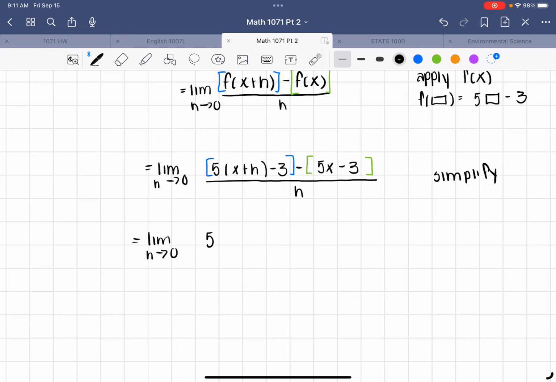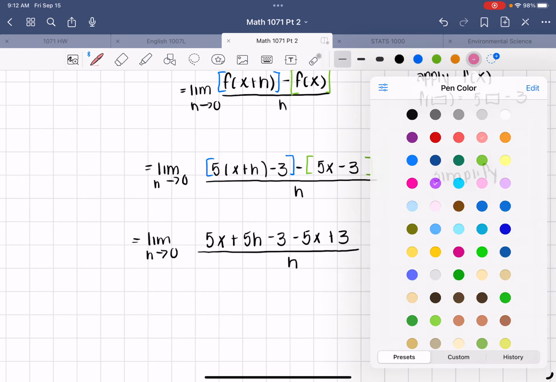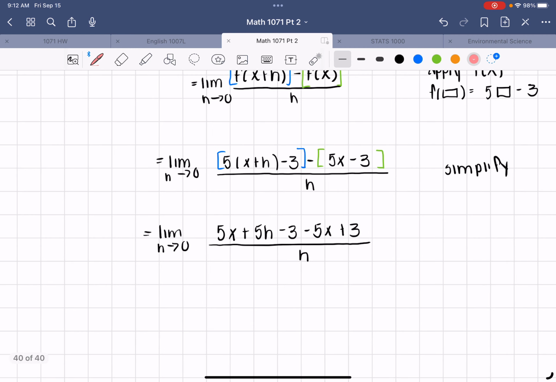Negative 3 is positive 3. People keep that a negative sign. No. Negative is positive. And now look at all of your nice subtraction. 5x subtract 5x, negative 3, positive 3. And what you're left with is the limit as h goes to 0 of 5h over h.